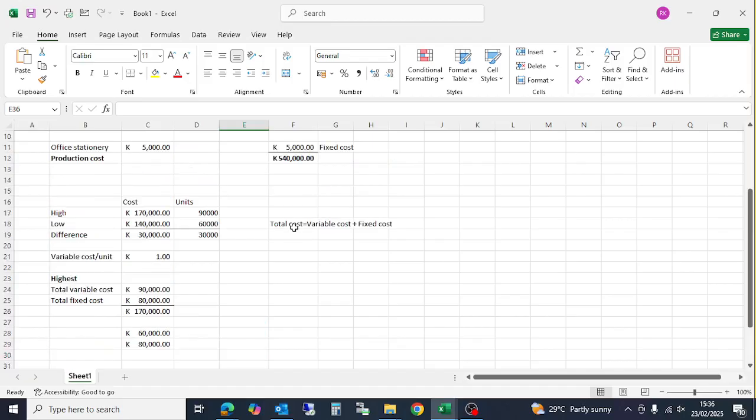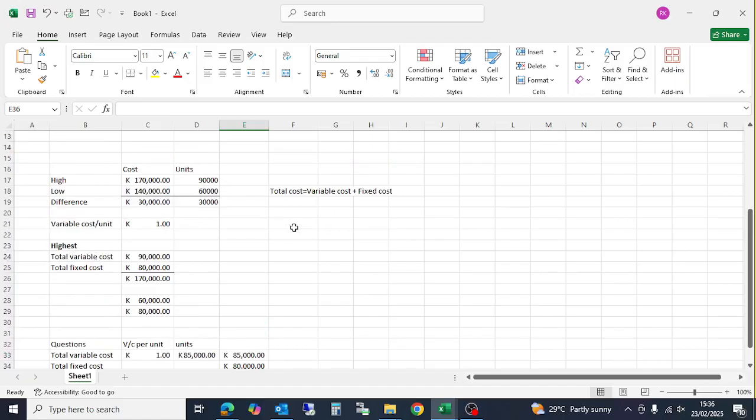Yes, the same, but it's also in relation to what you find in macroeconomics. They are almost similar, where you say total revenue, total cost.